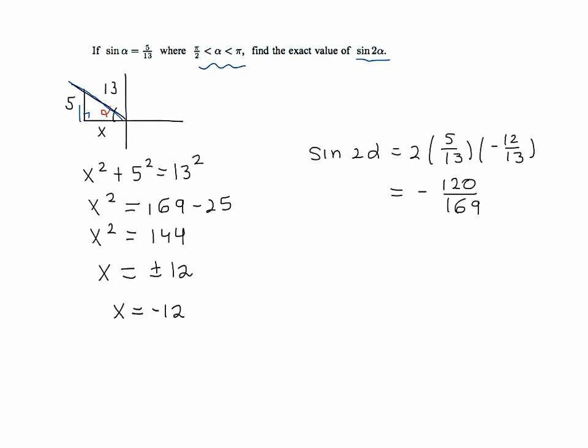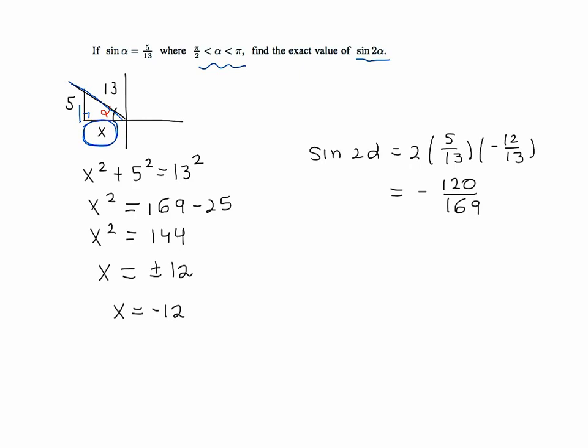To find the value of x, keep in mind this is on the left side of the y-axis, so this value of x must be negative. So we can use the value of x by using a Pythagorean theorem. X squared plus 5 squared is equal to 13 squared. So x squared is equal to 169 minus 25.